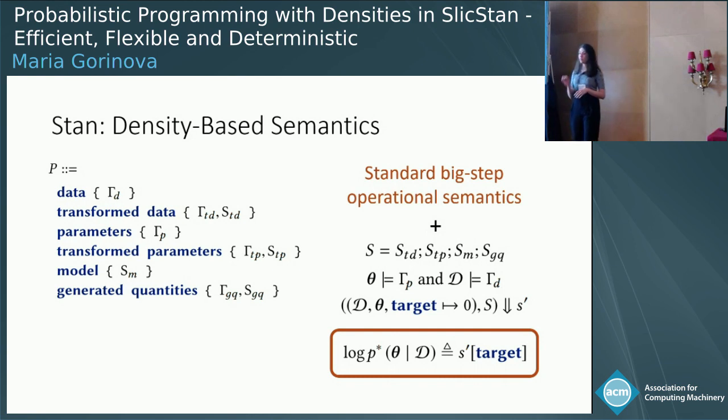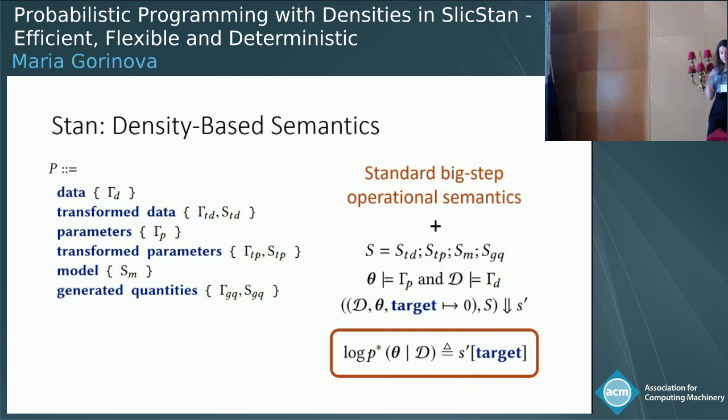If we start at the state d, theta and target equals 0, and we run all the blocks sequentially, we're going to get to a new state, S prime, where the value of target is actually a normalized log posterior evaluated at these particular values for theta and d.